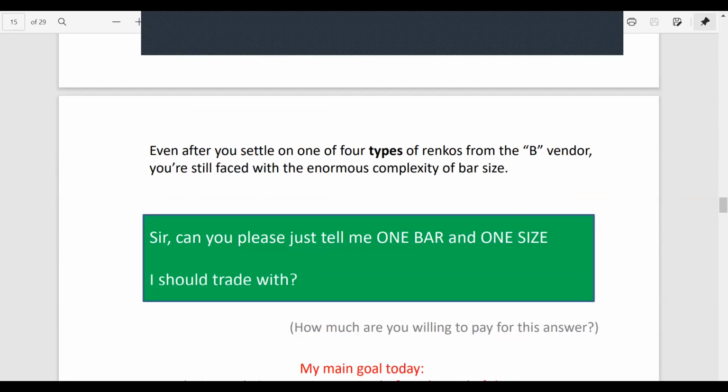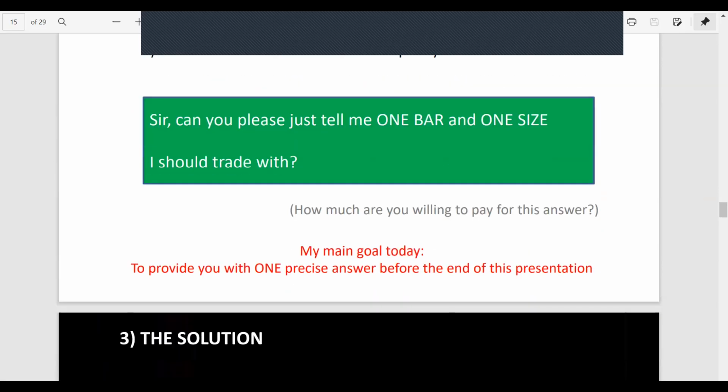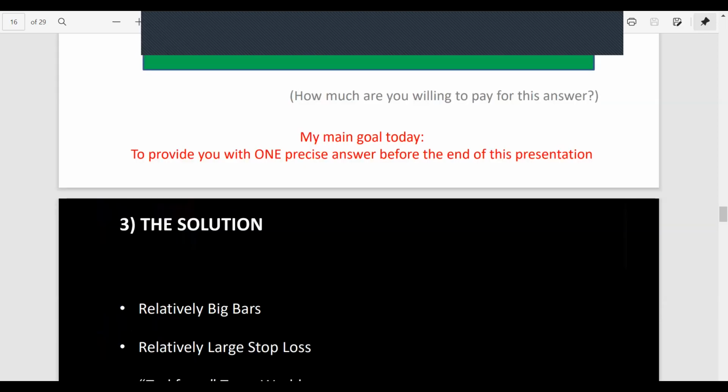And even after you settle for the B vendor among many, then you have to think about which bar. And this is the important question. Can you please just tell me one bar and one size that I should trade with? So it seems like nobody can give you that answer, right? My main goal today is to provide you with one precise answer before the end of this presentation.